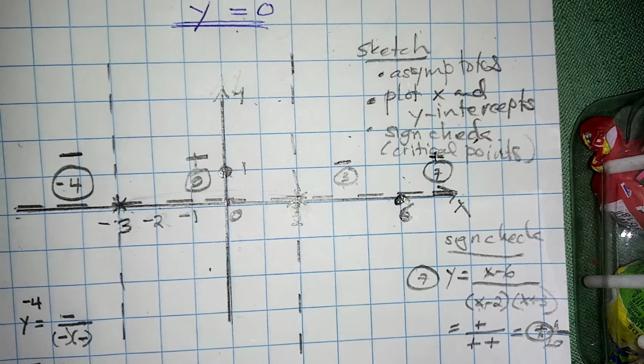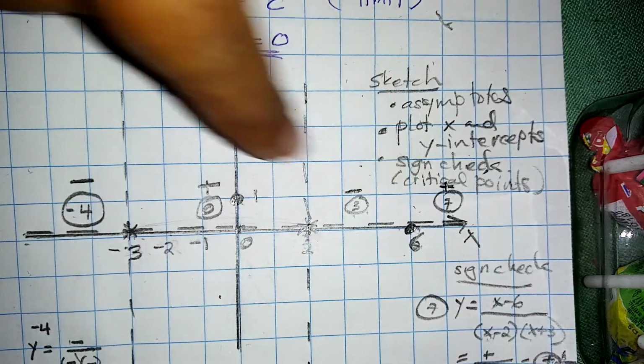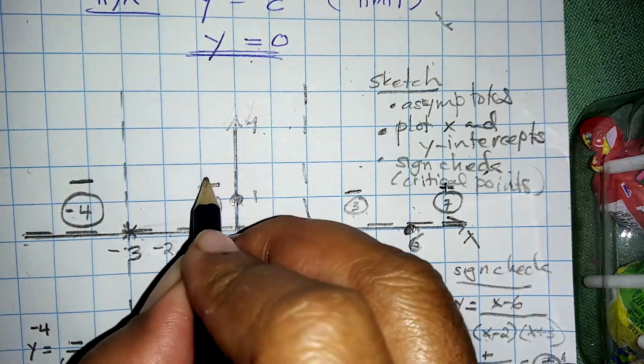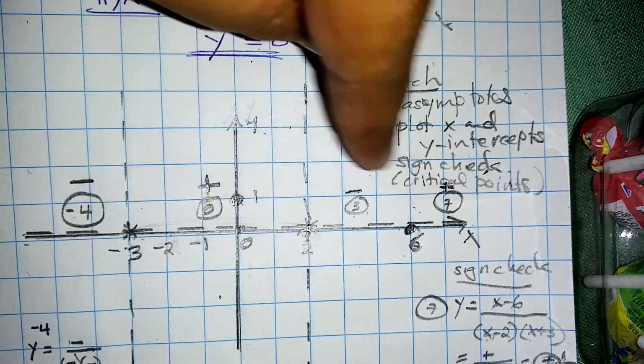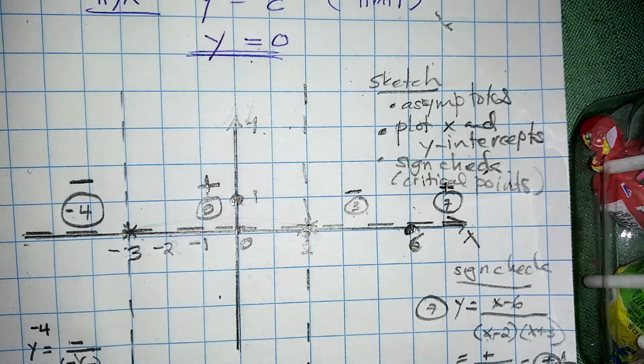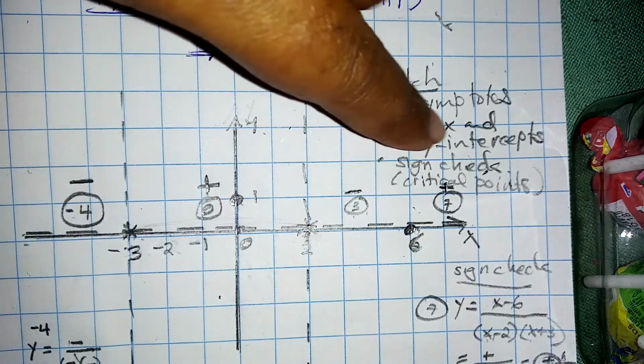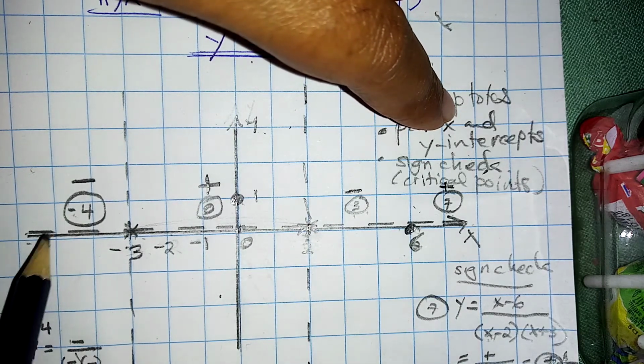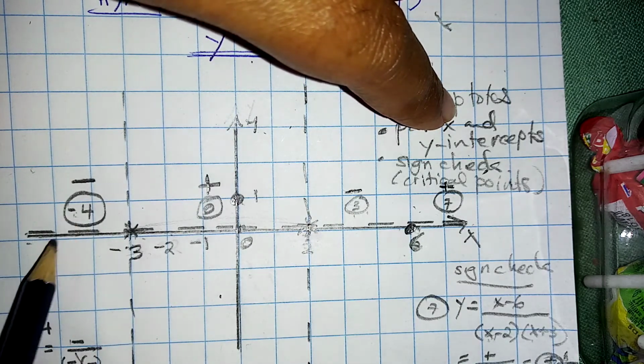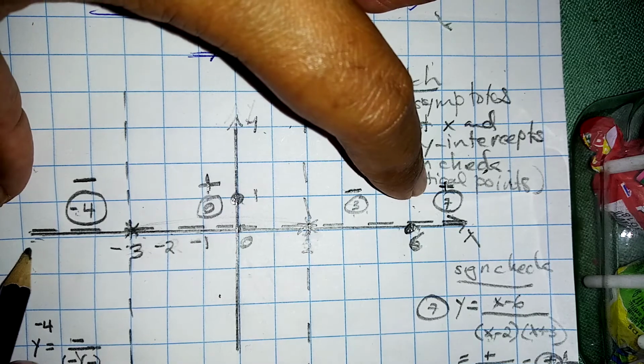Now this negative and plus sign tells you the direction in which the graph is running, the negative and the positive sign. Where it is negative, the graph goes at the bottom of this asymptote. See how I'm going to draw?